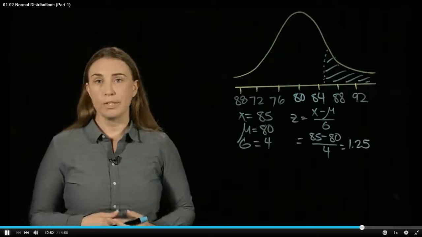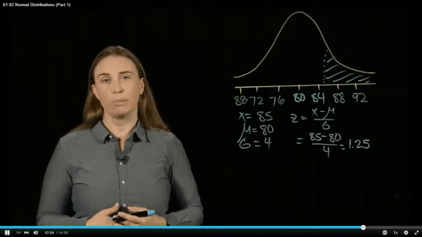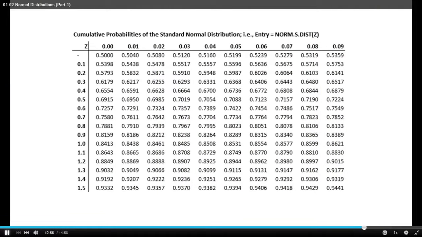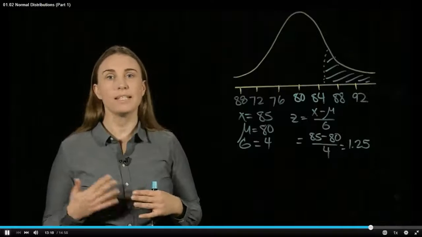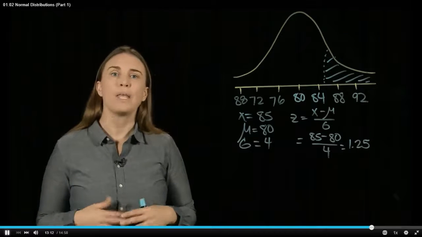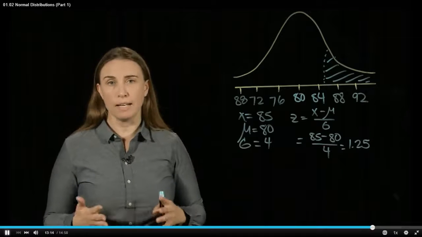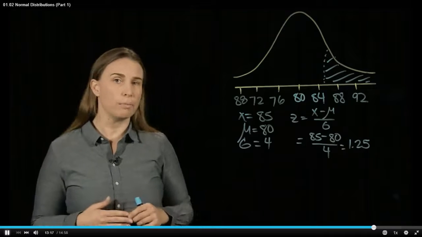Now that we have our z-score, we can look at a standard normal table. We'll find 1.2 along the left, and then a 5 along the top. Finding the point where these intersect, we get 0.8944. Remember though, this is the probability of scoring less than 85%. This is the area to the left of the score on the normal graph. So we want to subtract that number from 1 to get the final probability.